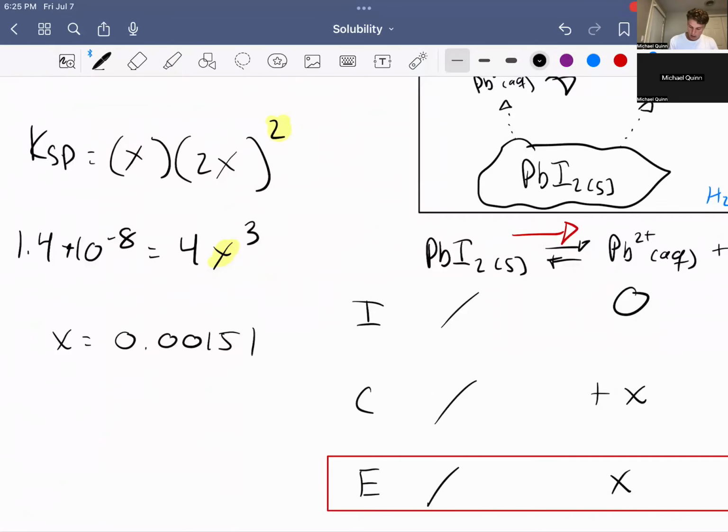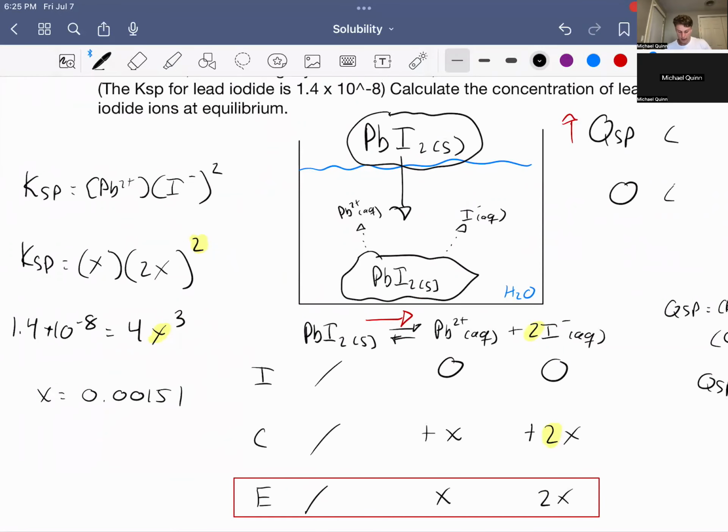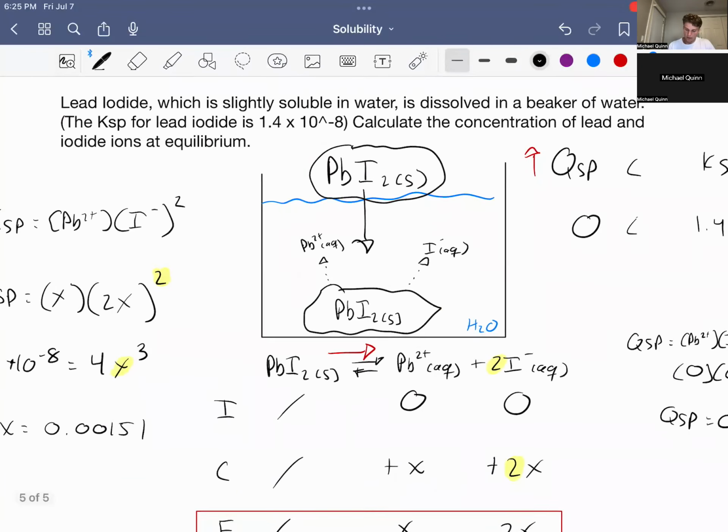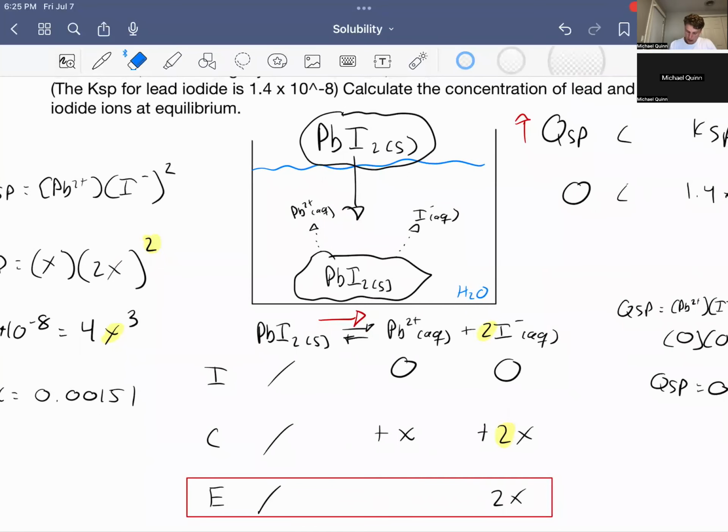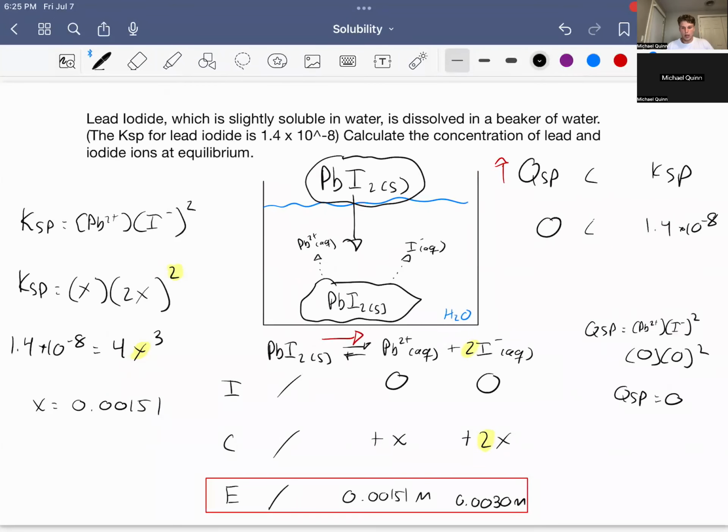So we can fill in 0.00151 for X. So we know the concentration of lead will be 0.00151 molar at equilibrium. And for iodide, it will be 2 times that value, which will be 0.0030 molar.